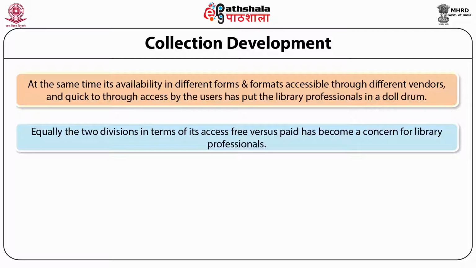So the users say, we want immediate access to the pertinent literature related to our field, especially in science and technologies. So forms and formats of access is an important issue.